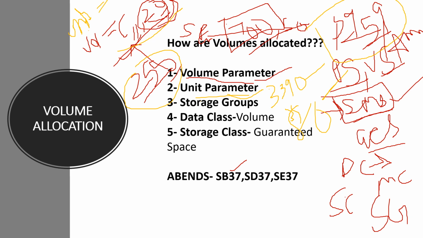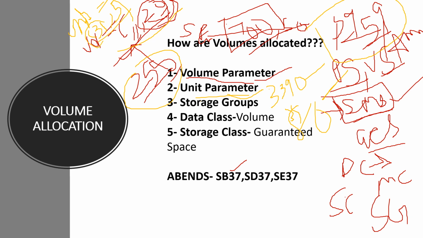Suppose you need disk volumes, 3390 comma, you code it as 3390 comma 5. You code it like this, and you say that I need 5 volumes of this type of disk.